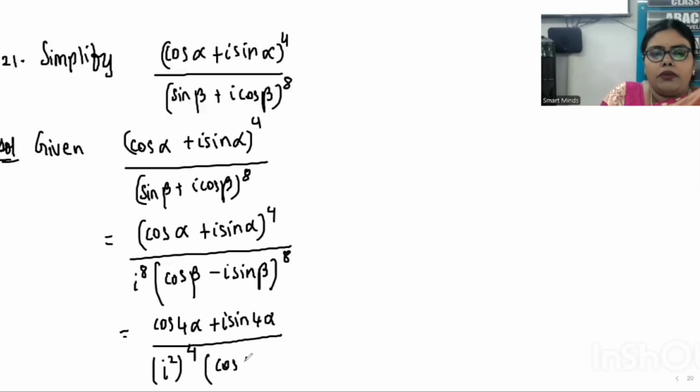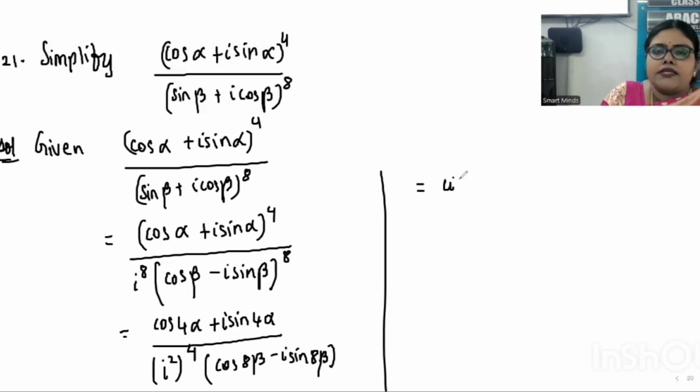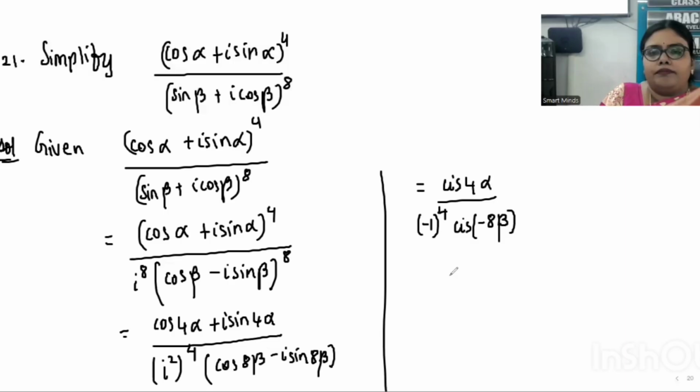So that will become cos 8 beta minus i sin 8 beta. Now numerator can be written as cis 4 alpha by (i square is minus 1) whole power 4, and cos 8 beta minus i sin 8 beta is cis of minus 8 beta.